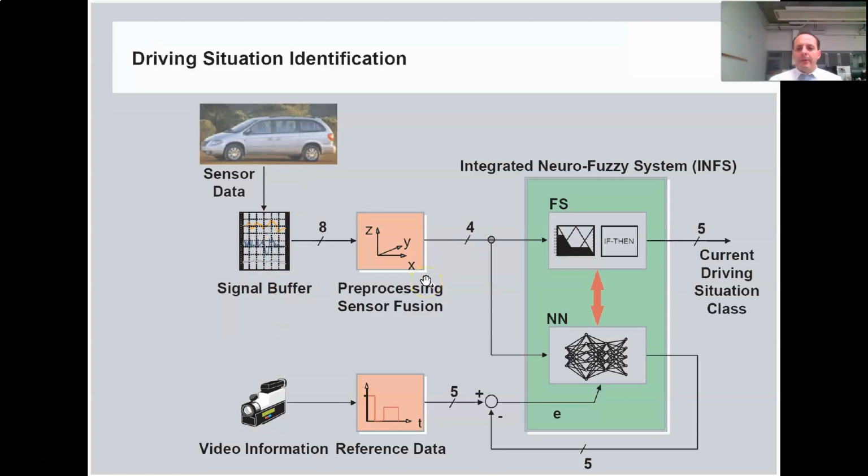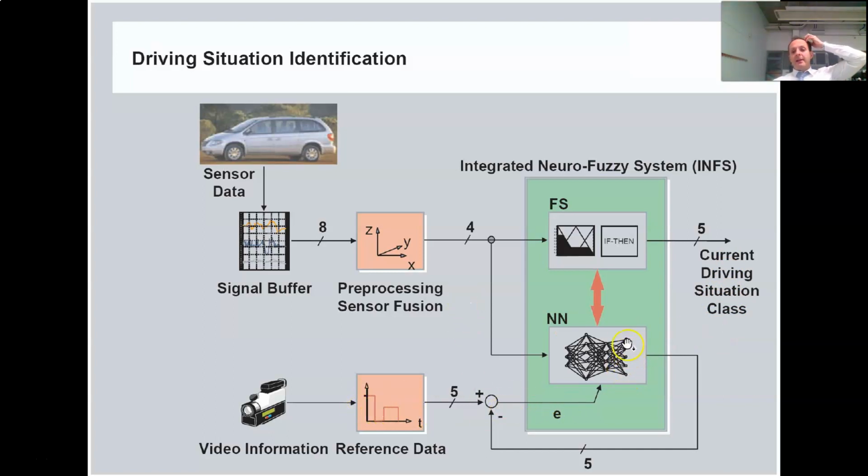We are performing a filtering or pre-processing of your signals in order to remove some unwanted disturbances, and then we can use a neurofuzzy system, because a neurofuzzy system is something that can be used for identifying your current driving condition, for example.